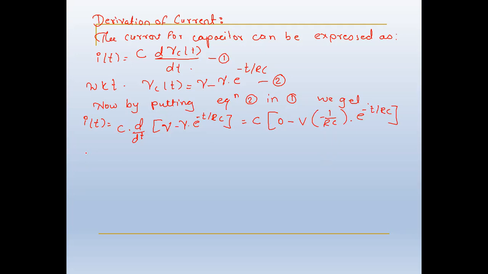Therefore, IC(t) is equal to V by R into e raised to minus t by RC. Let us call this equation number 3.